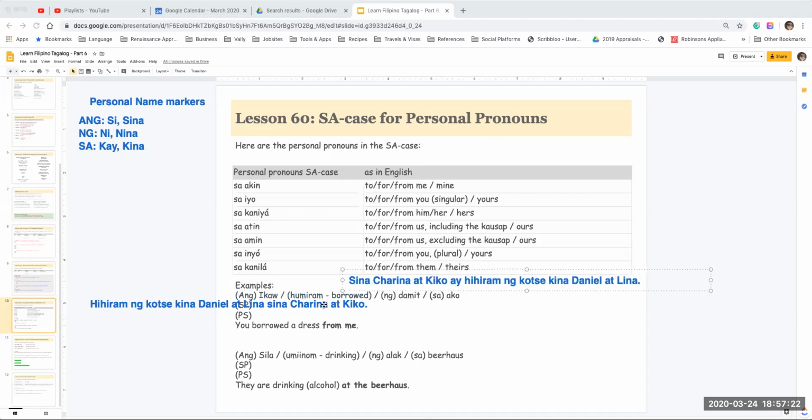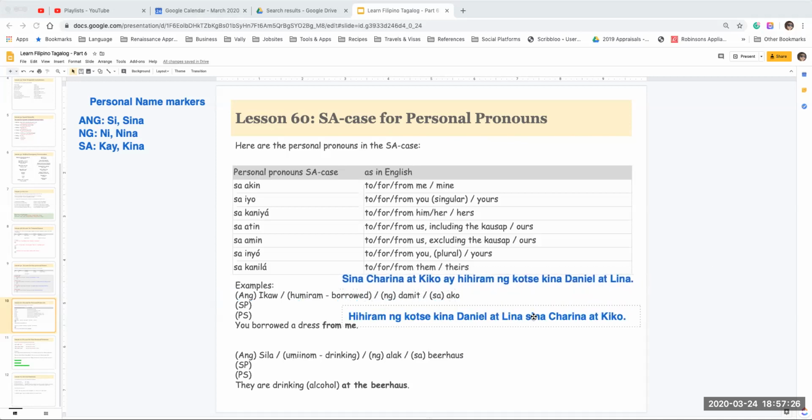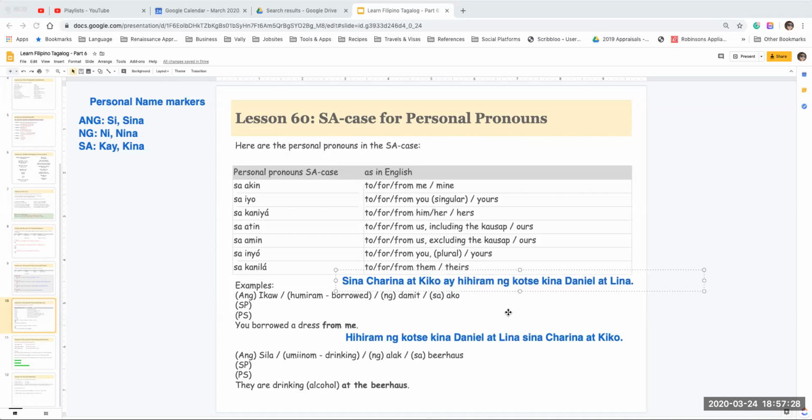Can you still see it? Okay. I want you to replace this with a sa pronoun. What can you use to replace the name of kina Daniel at Lina with a personal pronoun?